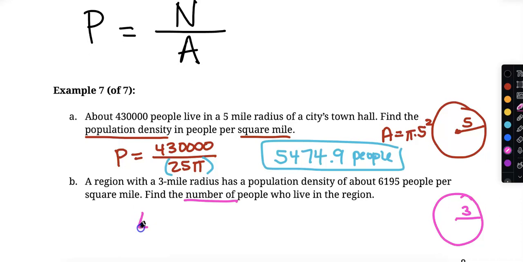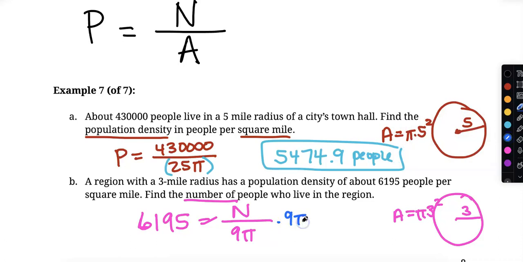So my density, 6,195, is equal to some number of people, N, as compared to the area that we're talking about, so pi times 3 squared, or 9 pi. Well, to isolate N, I'm going to multiply both sides by 9 pi. Here I don't have to be as careful because my calculator won't mess things up.